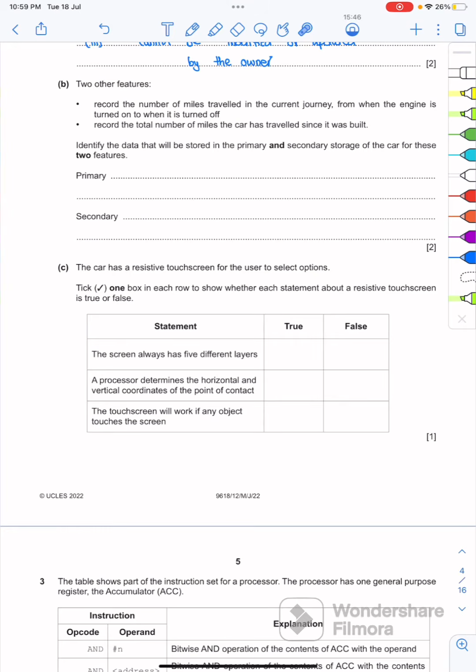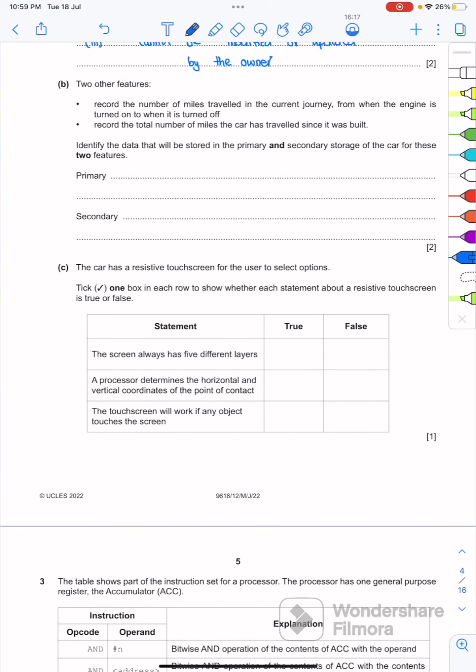So identify the data that will be stored in the primary and secondary storage of the car for these two features. So we have to deduce which of these features goes where. It's a general knowledge question, not specific to computing, but that's just what the examiner likes nowadays, I guess. Primary storage is the storage that you will need to access live and during run time, right?